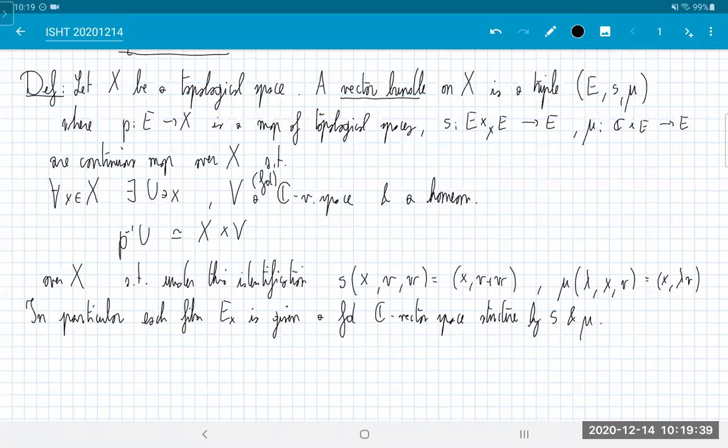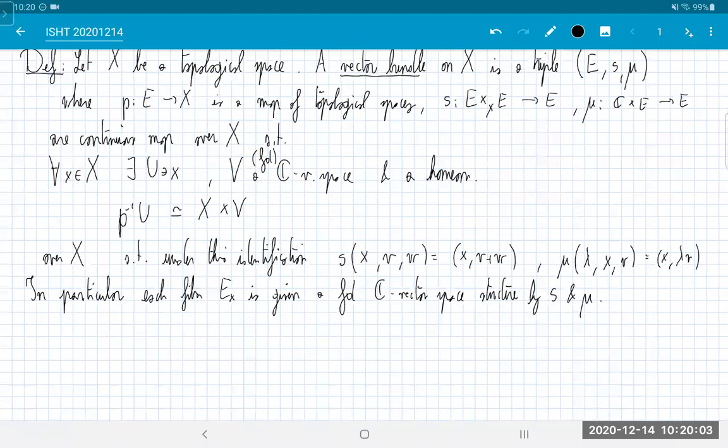Okay, so this definition might be different from the one you're used to seeing. You might have seen a definition by giving an atlas of charts that are required to be compatible in some way, etc. This is equivalent to that. I just prefer to give the structure explicitly. In this case, it's given by S and mu, and then you just ask for some kind of local triviality.